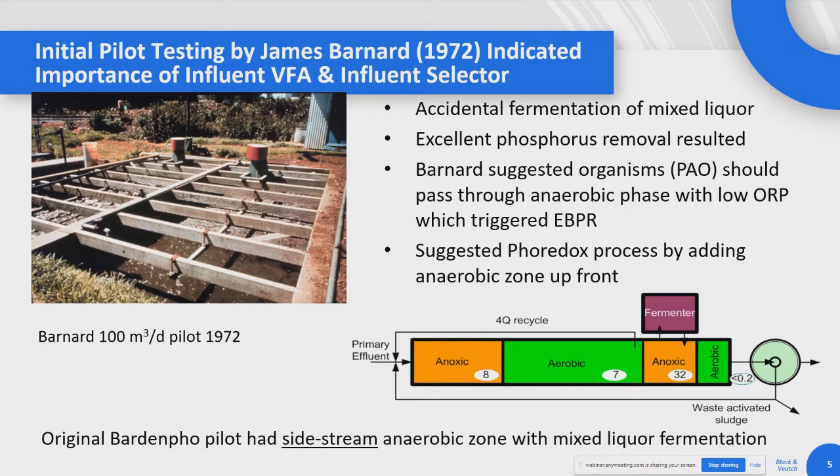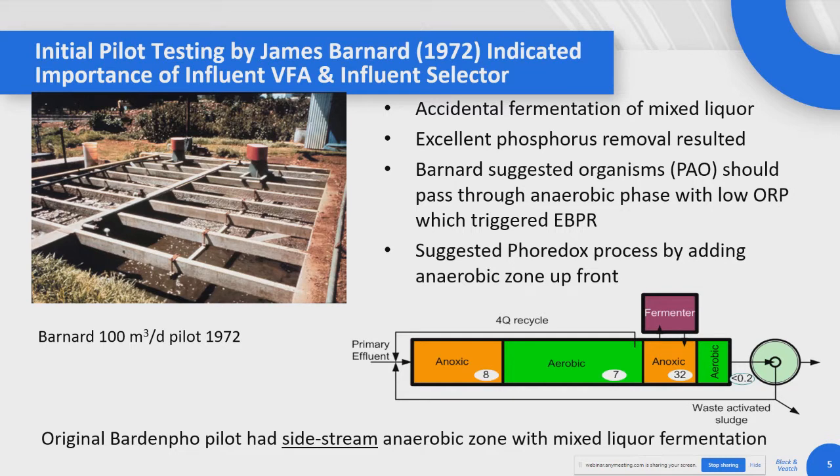There were 2 1-inch holes there, 25 millimeter diameter, and I didn't realize that there was an exchange, as you can see from this diagram. But what I noticed was total phosphorus removal down to very low values. They didn't measure below 0.2, and it stayed there for weeks and months.